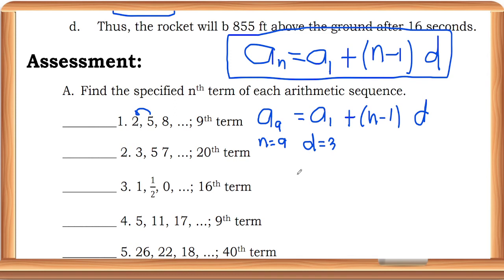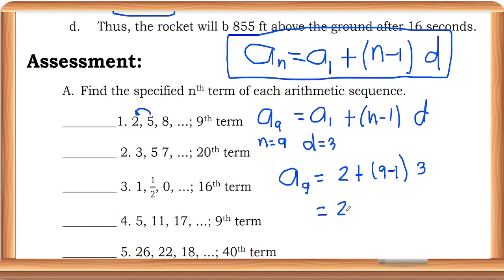So, yung a sub 9 mo, yung 9th term, therefore, is equal to yung a sub 1 mo, 2, plus yung n mo is 9, so we have 9 minus 1 times the common difference, which is 3. Kasi nga, 5 minus 2 is 3. Ngayon, malalaman mo na a sub 9.